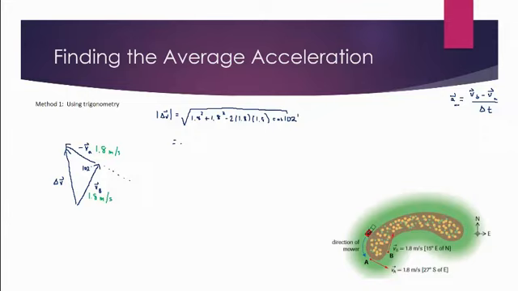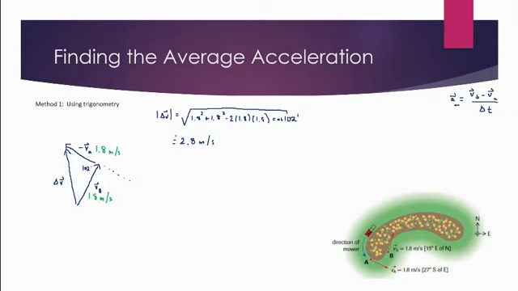And don't forget to square root. So for the size of that change in velocity, I got basically 2.8 meters per second, which seems to fit, doesn't seem so outrageous.